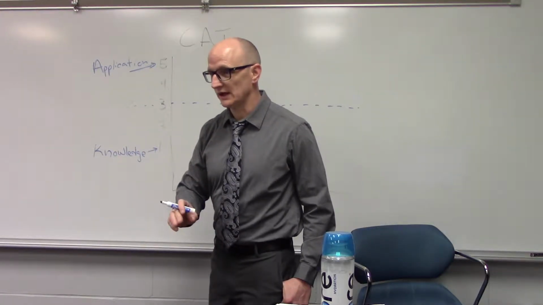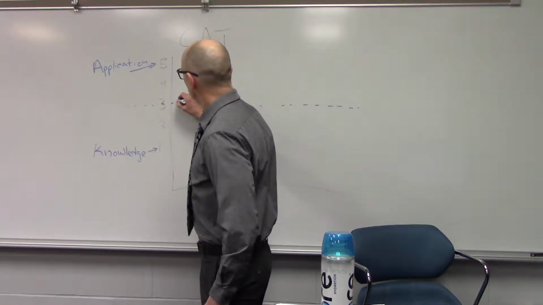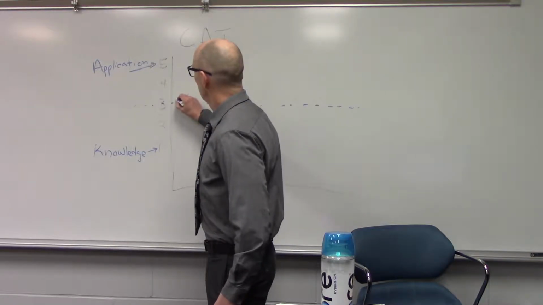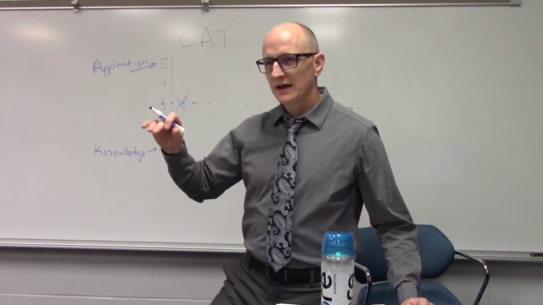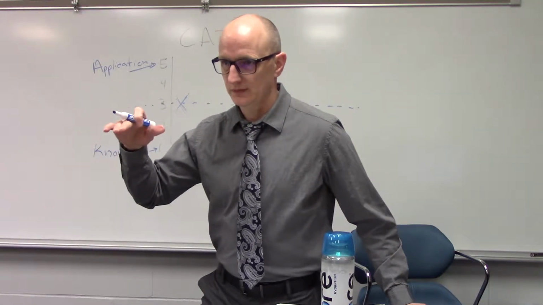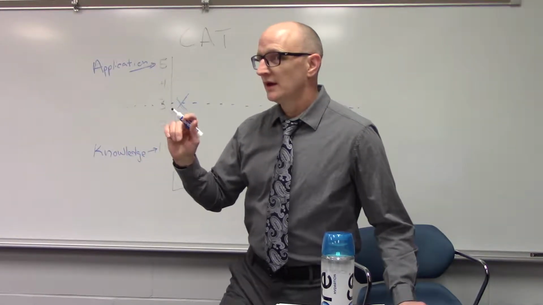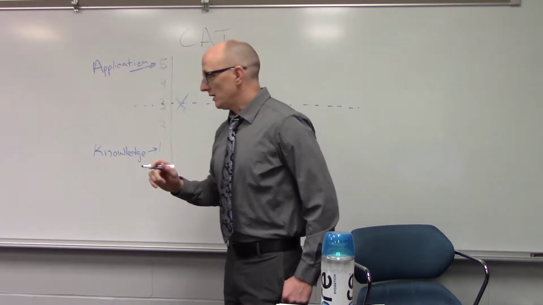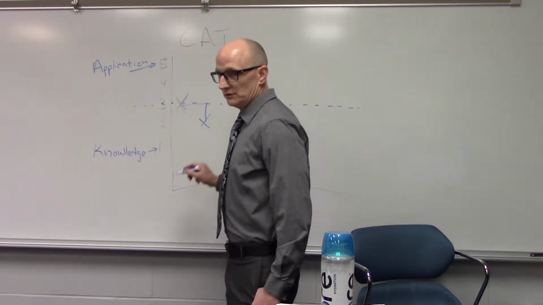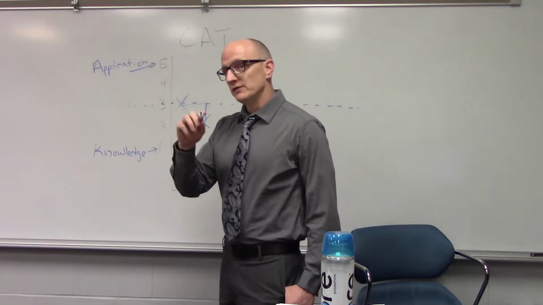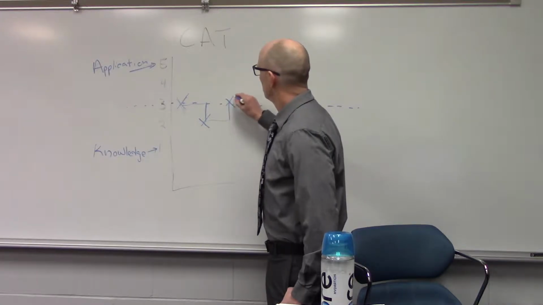So what that looks like is the very first question that you get is usually a level 3 question, which means it's just right at the passing mark. Just could go either way at this point. If you get that question wrong, the very next question will be a level 2. If you get that question right, it's going to bump you back up to a level 3.